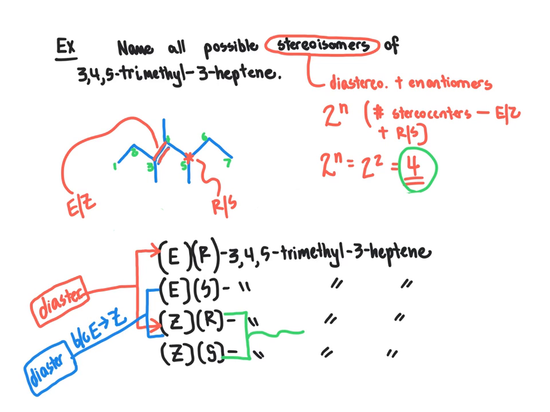So these two structures here that I've bracketed off in green, put the arrows going toward, those are going to be enantiomers of one another because there we left the Z right as it was, but we changed the R to S. Similarly, if we look up top here at the relationship between the E, R and the E, S, those two we would describe as being related as enantiomers of each other as well, because the E has stayed the same, but all the R's have become S's or the S's have become R's. So those two structures are enantiomers of one another.